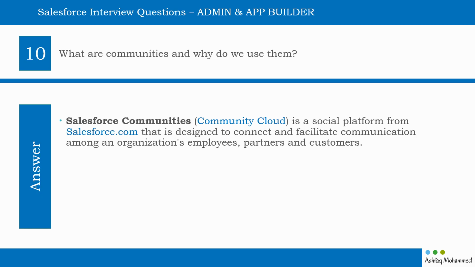Let's say, for example, a big airline, right? Most of their airline tickets are sold by their agents, right? Those are nothing but the partners. So they can log into that airline's portal as a partner, and then they can purchase the tickets from there.